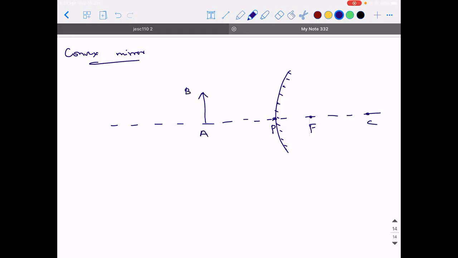Let me call it AB. So when the ray is hitting the surface, what will happen? It will get reflected back so that the image is located at this point.